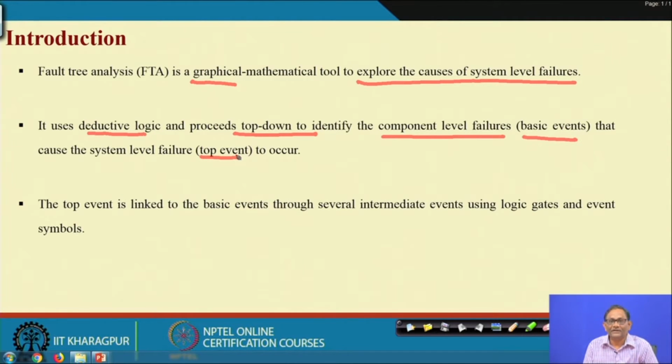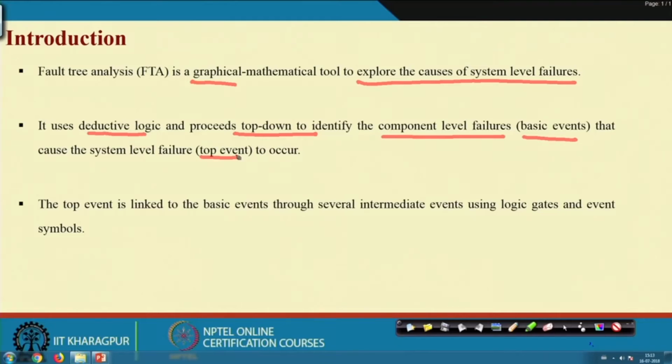If you recall the system breakdown structure we discussed in the earlier lectures, we started with a system and then subsystems, and ultimately went to the component level, sometimes to the part level. In the case of the pressure tank, the system is basically to store pressurized gas in the tank. Now, the tank rupture can be the system level failure.